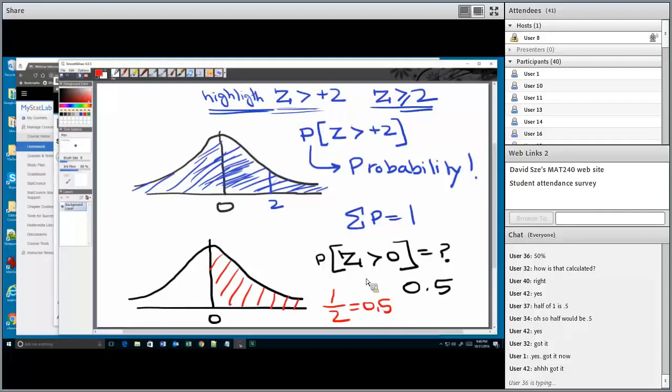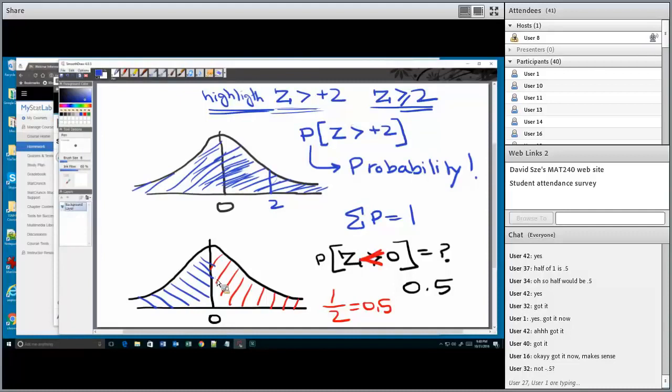Because if the whole thing is 1 and I'm cutting the graph in half, then this is 0.5. So similarly, when I say less than 0, that's also 0.5. So now you should all be ready to do all these problems.